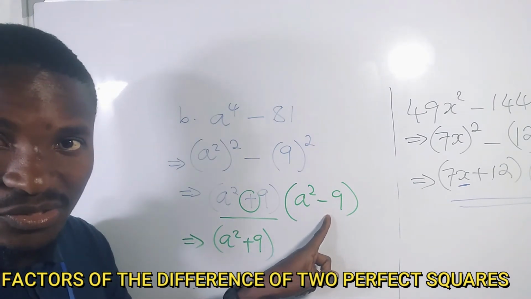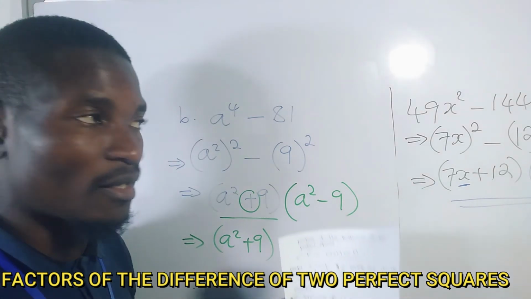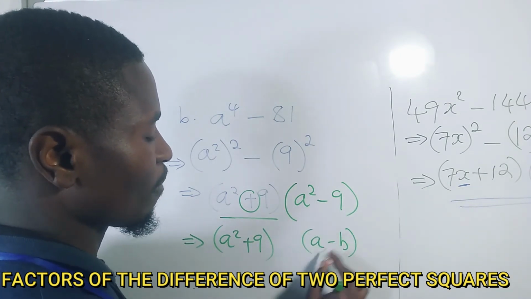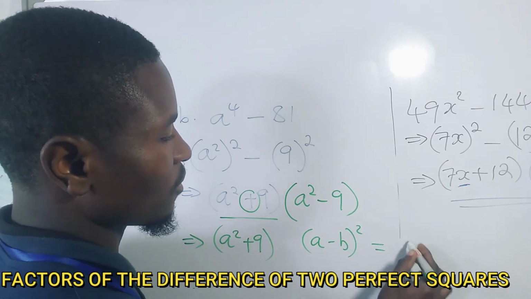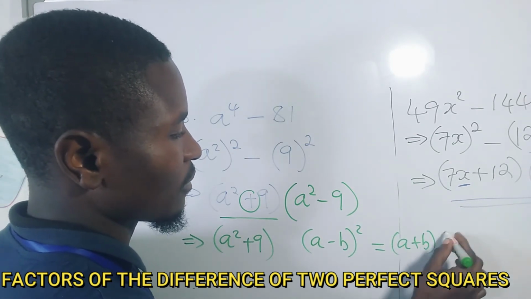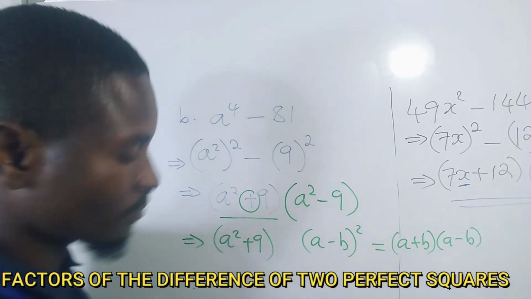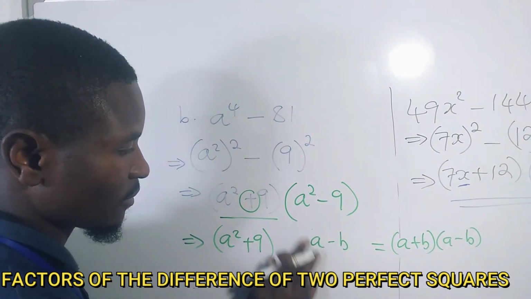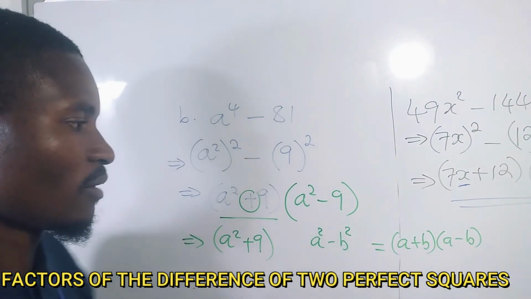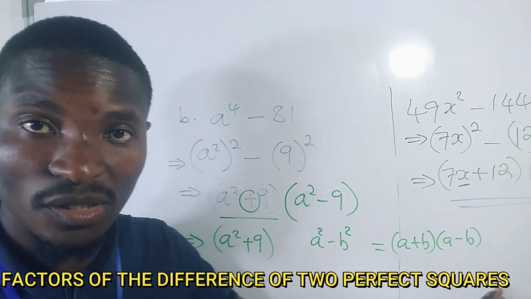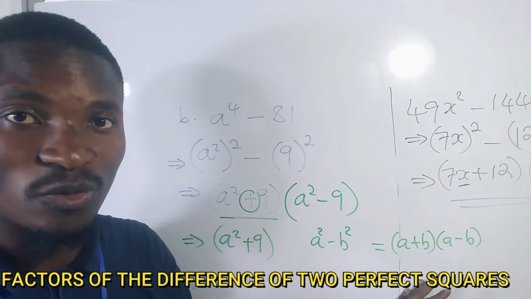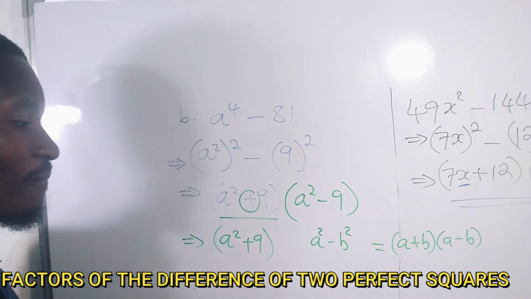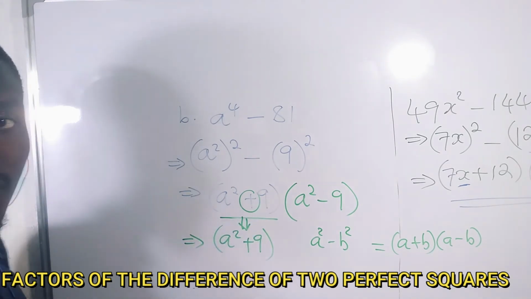According to the formula, the factors of a difference of two perfect squares, a squared minus b squared, equals a plus b times a minus b. That is the standard way of putting it. Now this part, there is no minus there, so you just bring it down.